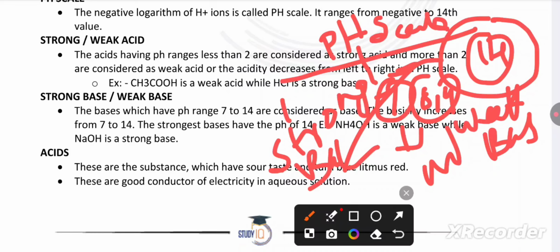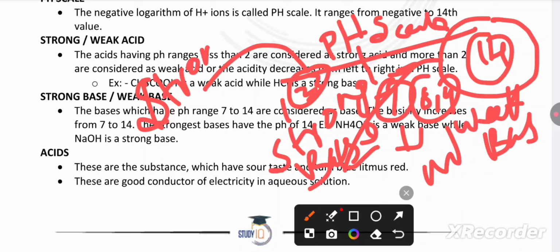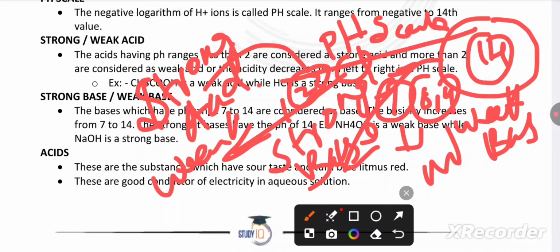In the same way, near 2 or 3 is called a strong acid, and near 5 to 6 is called a weak acid.